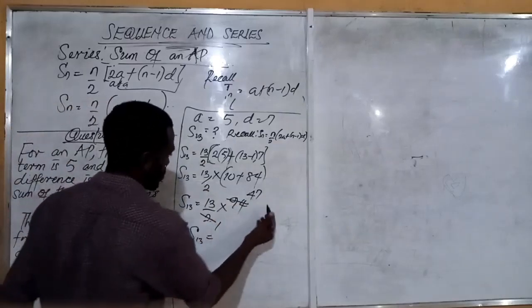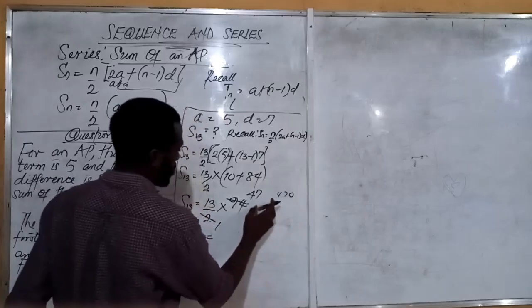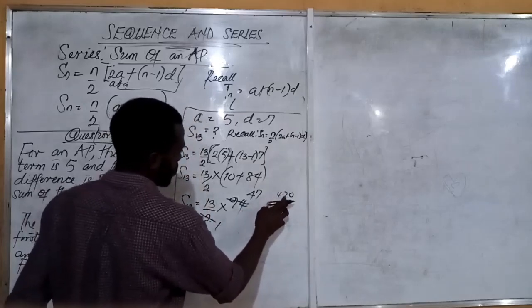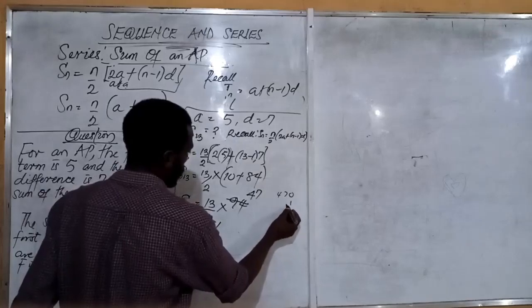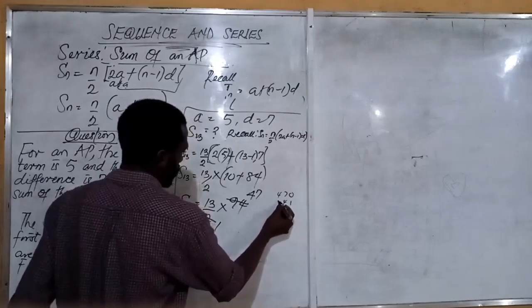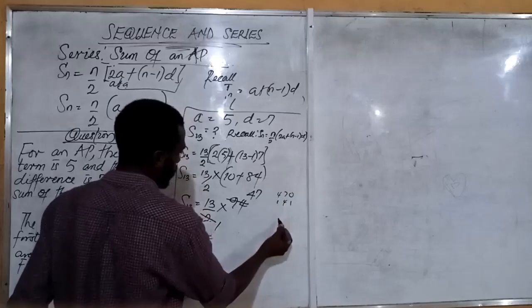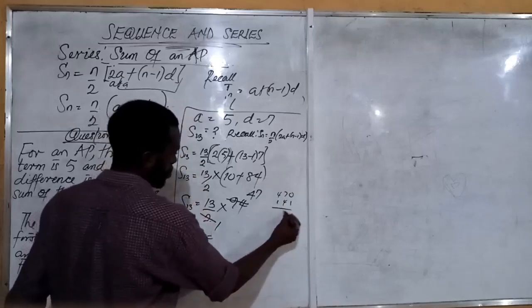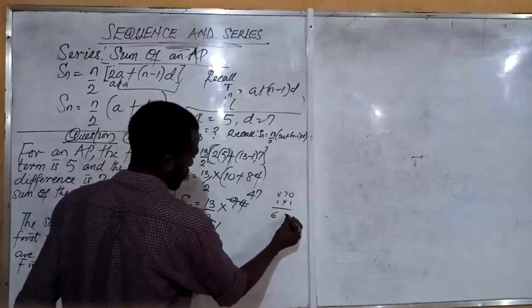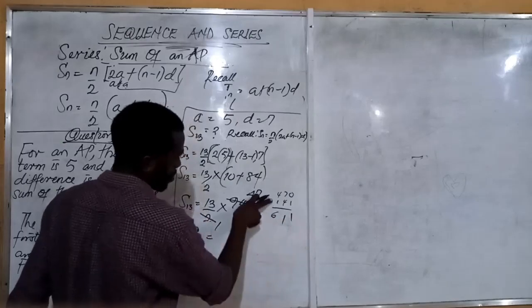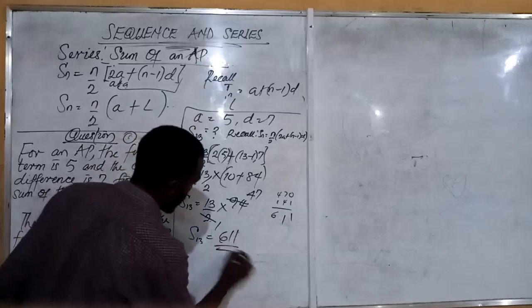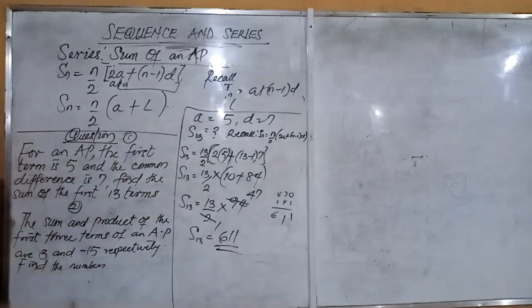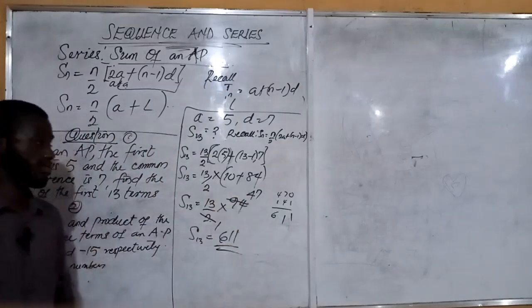S13 will be equal to 47 times 13, which is 611. That becomes our answer. Just use your calculator and do 13 times 47.